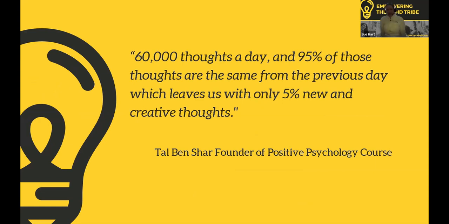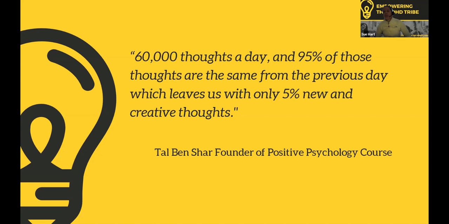60,000 thoughts a day. 95% of those thoughts are the same from the previous day, which leaves us with only 5% new and creative thoughts. That's if we're lucky. Tal Ben-Shahar, founder of the positive psychology course at Harvard, says some of those figures have been up to 80,000 thoughts a day.